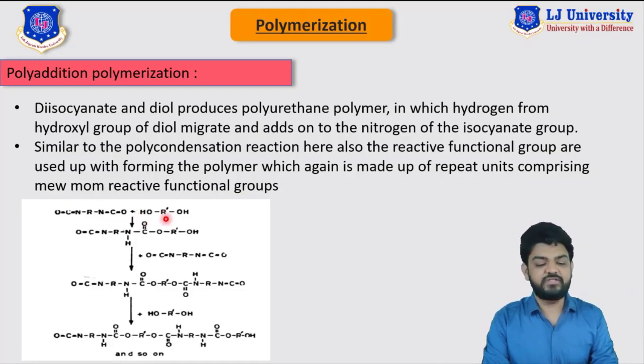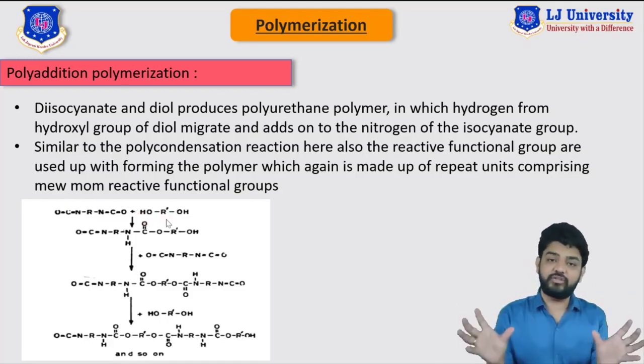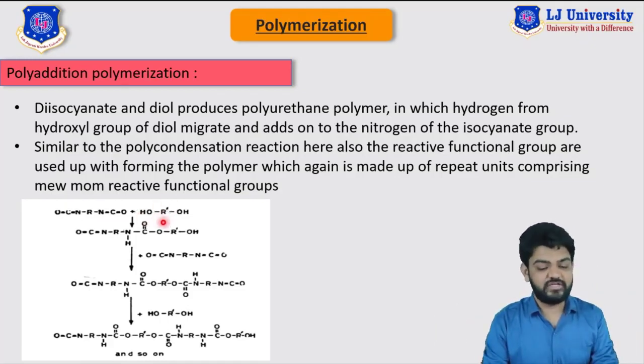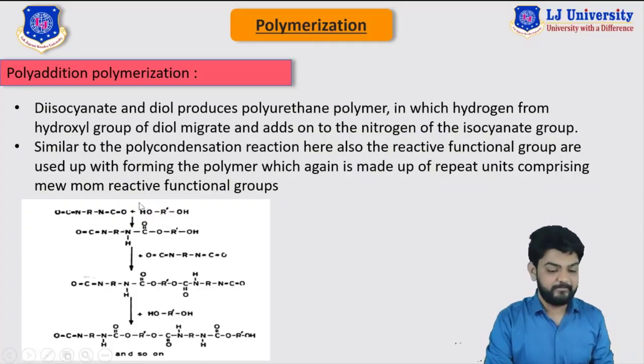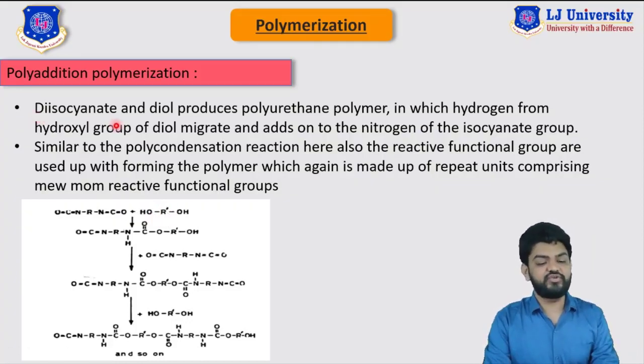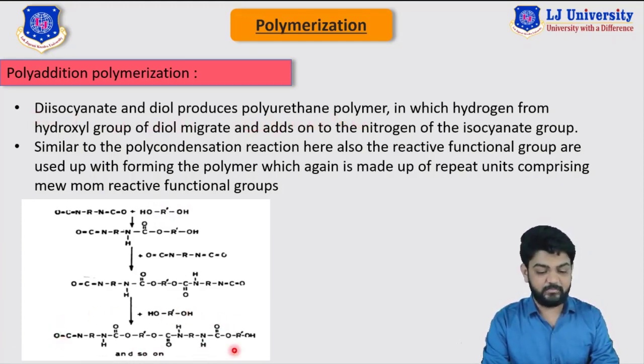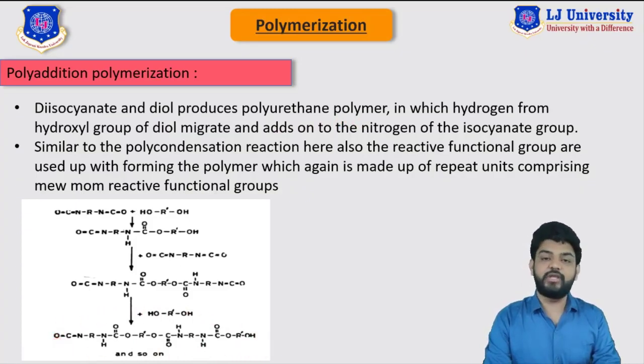Similarly, we have diols, that is, two hydroxyl groups on the ends and one carbon hydrogen chain at the center, right? So diisocyanide and diol produce polyurethane polymer. So here you can see that ultimately we have produced this polymer that is called polyurethane by the technique of polyaddition, right?